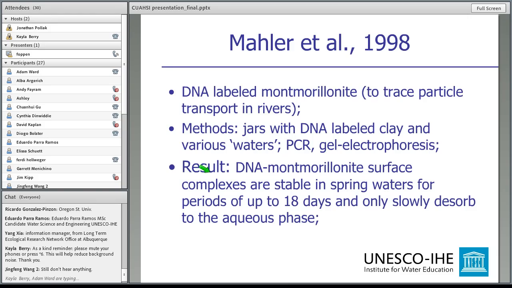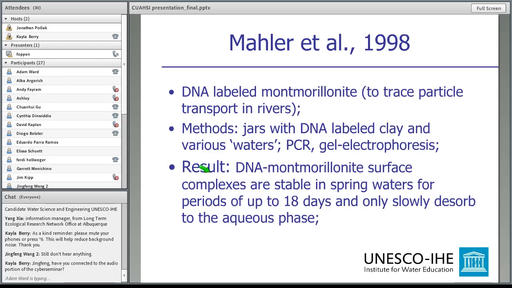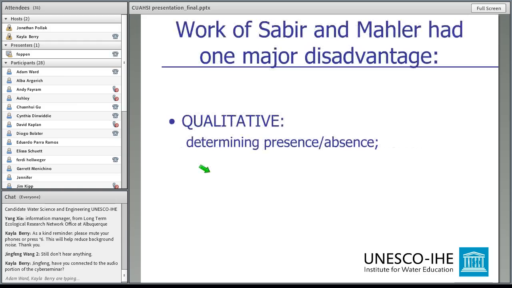The most important result of these experiments was that these DNA-montmorillonite surface complexes are stable in waters for periods of up to 18 days, and they only slowly desorb to the aqueous phase.